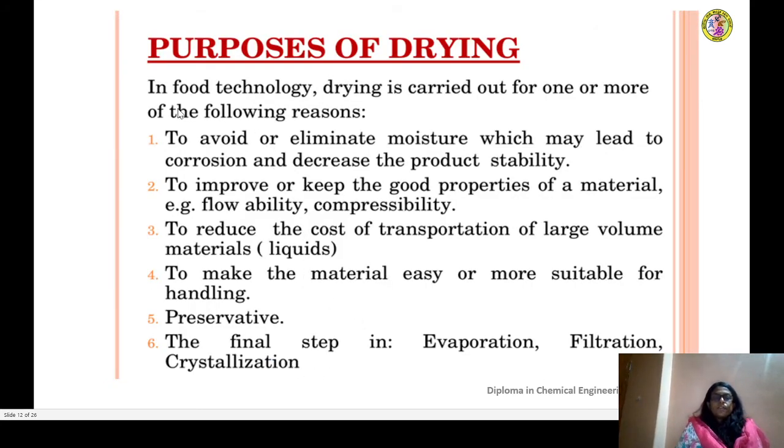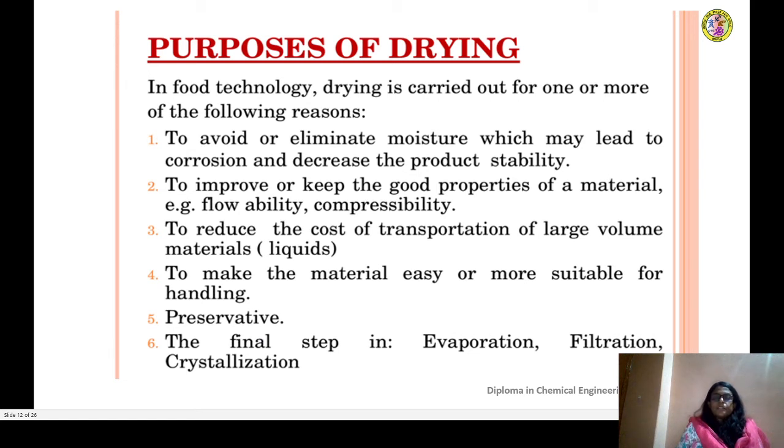So these are the list of purposes of drying in the food industries. The first purpose is to avoid or eliminate moisture, which may lead to corrosion and decrease the product stability. So this is again similar to the first purpose of drying in the pharmaceutical industry: to improve or keep the good properties of material like flowability and compressibility, to reduce the cost of transportation of large volumes of materials like liquids, to make the material easy or more suitable for handling, and as a preservative method.